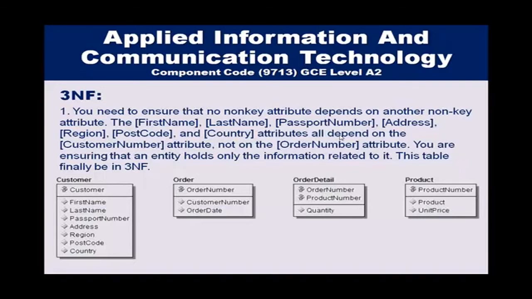So if you type in customer number, all the linked information will be populated in the way you want it. Then not on the order number, they are not based on order number. That means if you type in order number, nothing will populate the data.